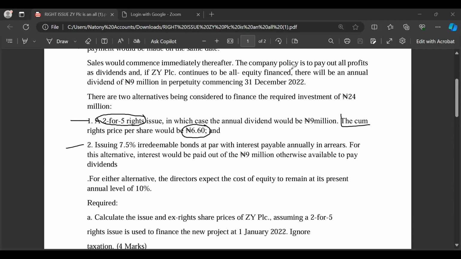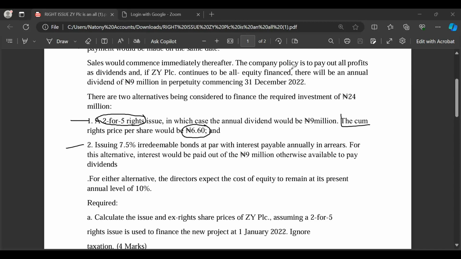The second, alternative 2, issuing 7.5% irredeemable bonds at par with interest payable annually in arrears. For this alternative, interest will be paid out of the 9 million otherwise available to pay dividend.